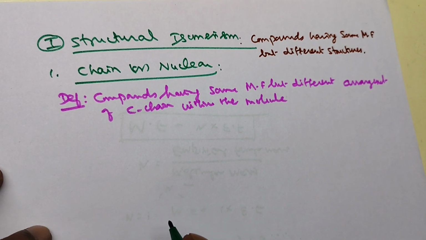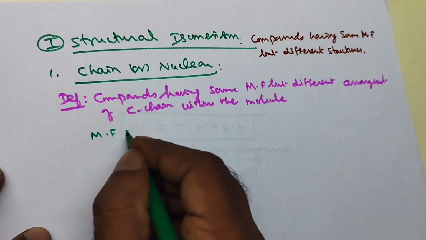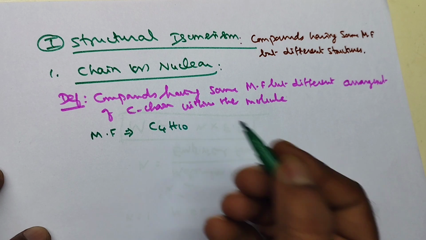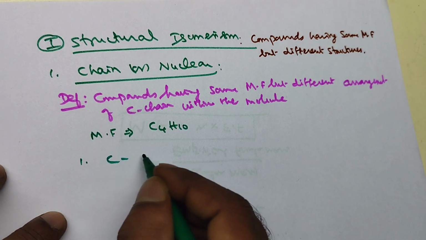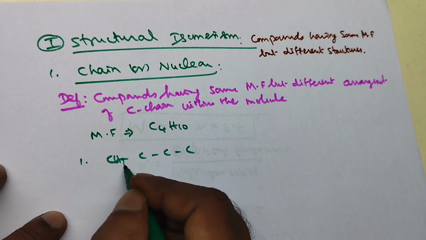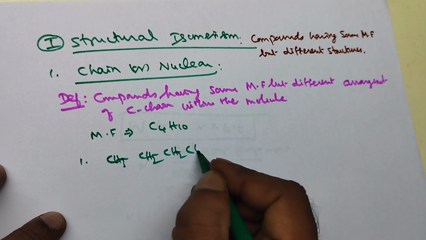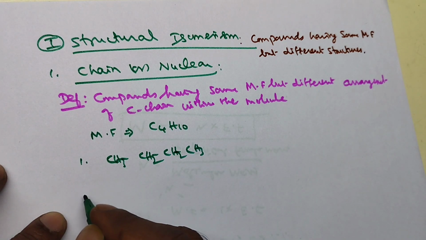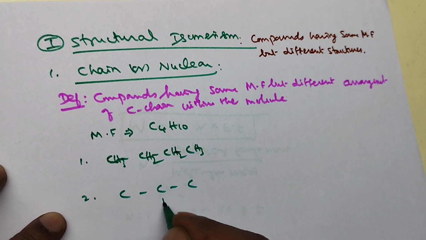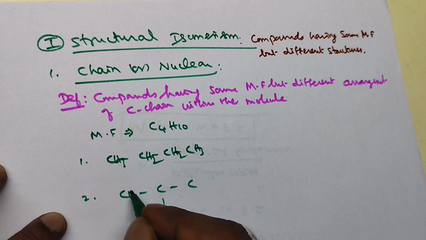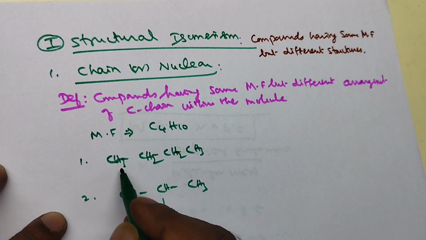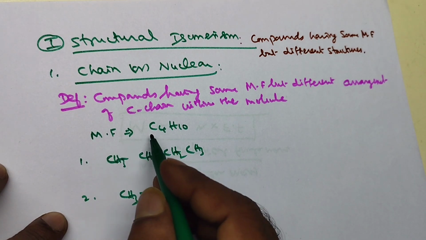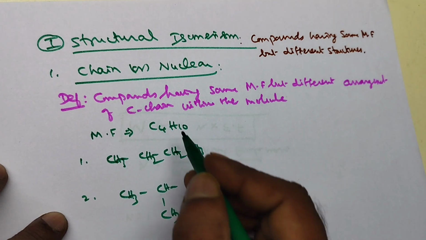So we will take some examples. Take the molecular formula C4H10. We have to write at least two structures, then only it is isomerism. Write 1, 2, 3, 4 and fill up the hydrogen atoms: CH3, CH2, CH2, CH3. This is the linear form. For the isomer, 1, 2, 3: CH3, CH3, CH, CH3. Count the carbon atoms: 4 carbon atoms, and 3 plus 3 is 6, 6 plus 4, 10 hydrogen atoms.